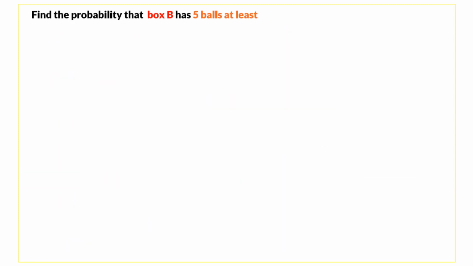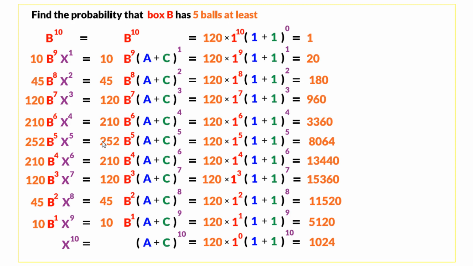So now let us find the probability that box B has at least 5 balls. Let's go back to all the events we have. This is the event B to the power of 5, the event of box B having 5 balls only. So we want box B to have at least 5 balls.